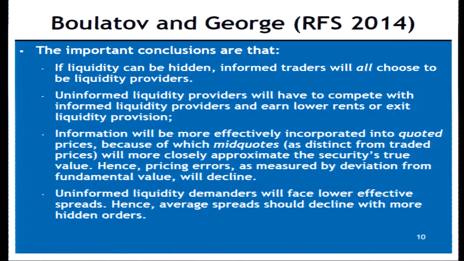So the conclusions are that if liquidity can be hidden, informed traders will all choose to be liquidity providers. And uninformed liquidity providers will have to compete with informed liquidity providers on lower rents. Their model also brings about the fact that information will be more effectively incorporated into quoted prices.